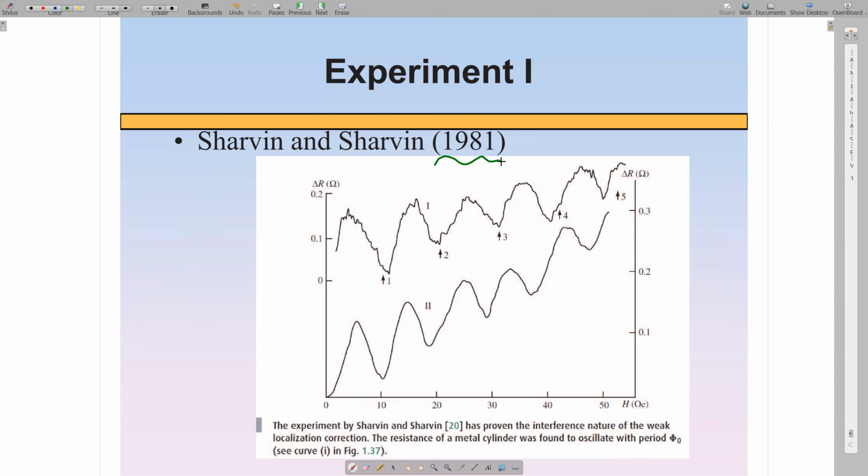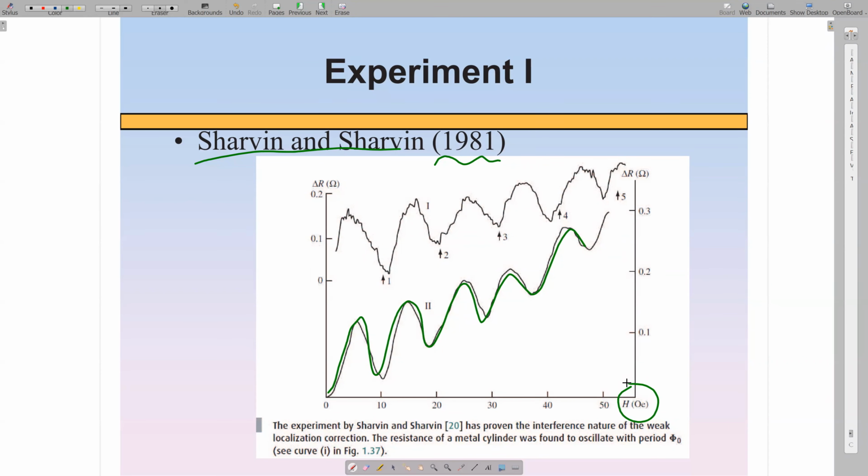But that still was rather primitive technology. And there was a technological trick which allowed the authors to see, well, with some fantasy, you can see oscillations which depend on magnetic field.